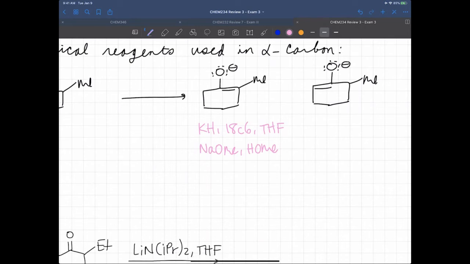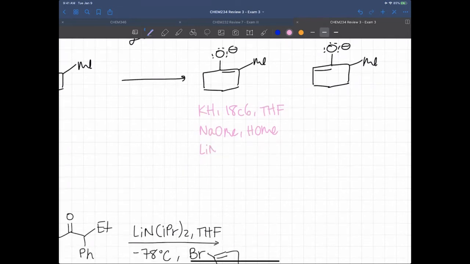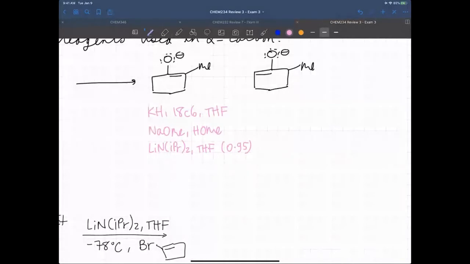Oh, sorry, not for the other one. I meant LDA. I didn't write it yet. There we go. So LDA and THF, we are going to have to use 0.95 equivalents, right?